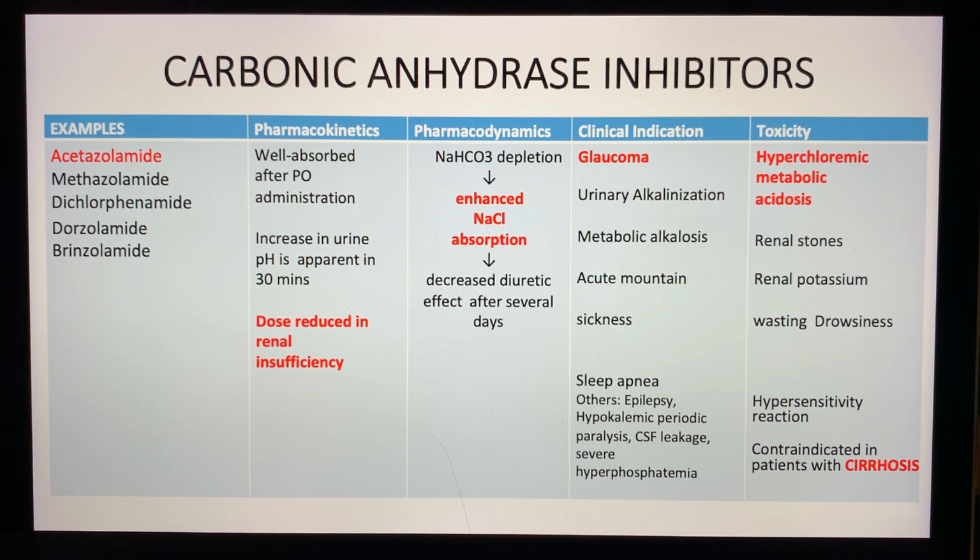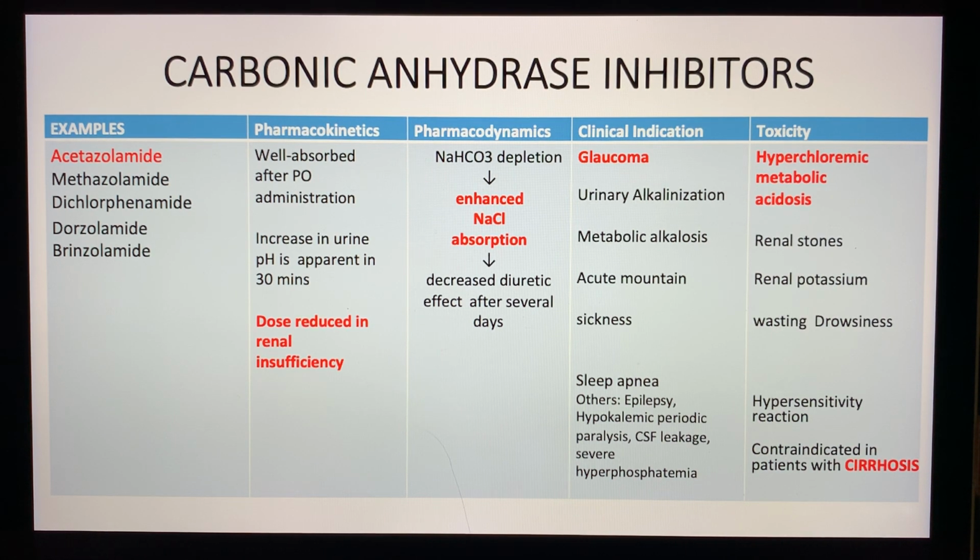Now for the pharmacokinetics, carbonic anhydrase inhibitors in general are well absorbed after oral administration. And usually they will increase the urine pH within 30 minutes. So this is what we mentioned earlier.